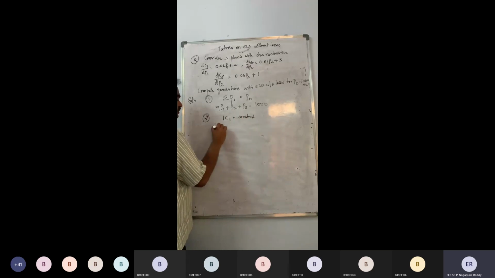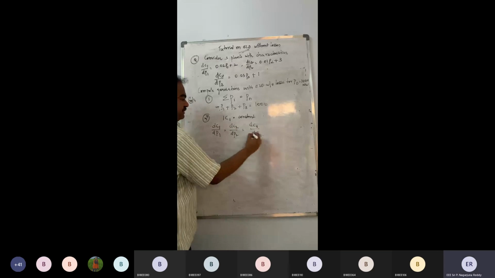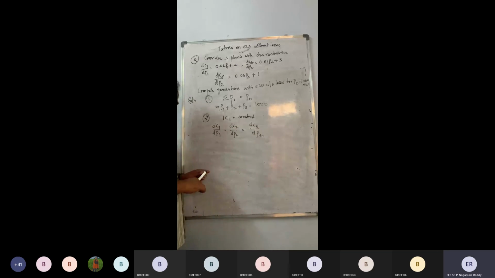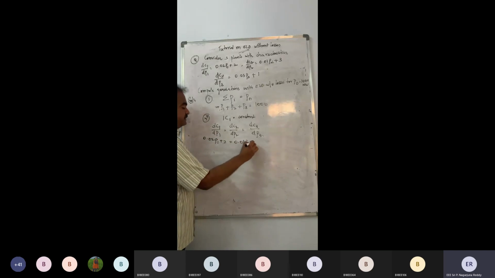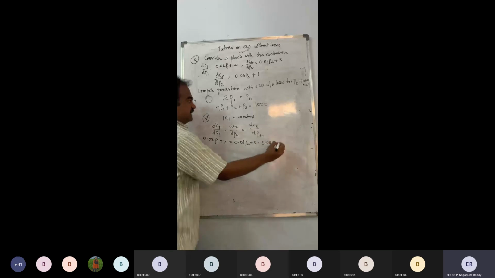I do have 3 ICs. So I'm making all of these things as constant. So what is this one? 0.02 P1 plus 2 is equal to 0.01 P2 plus 3, 0.03 P3 plus. This is my second equation.